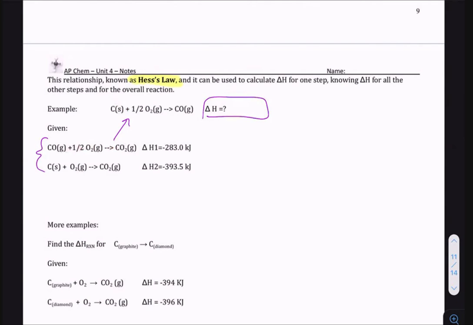Where is carbon solid in my given equations? It's right here. Okay, so what that tells me is that this equation is written in the correct direction. So I'm just going to rewrite it. Okay, all I did was rewrite that.